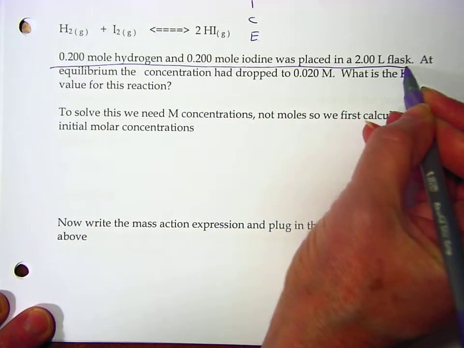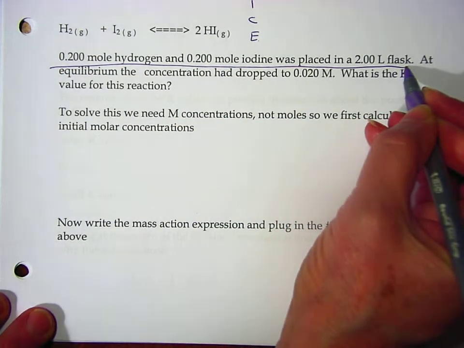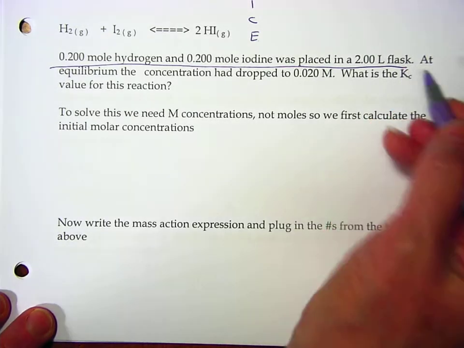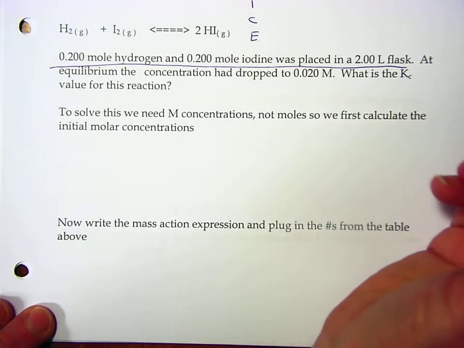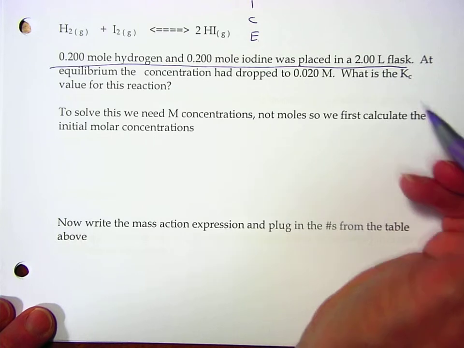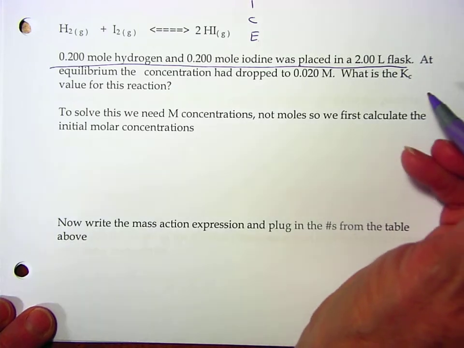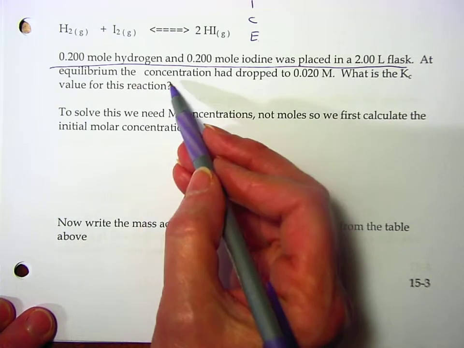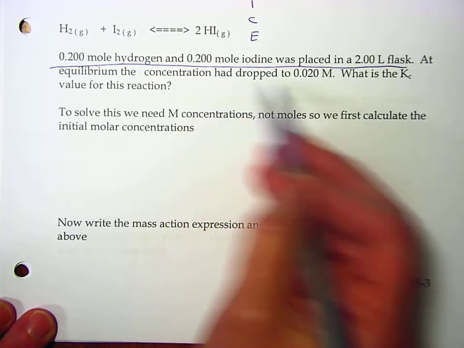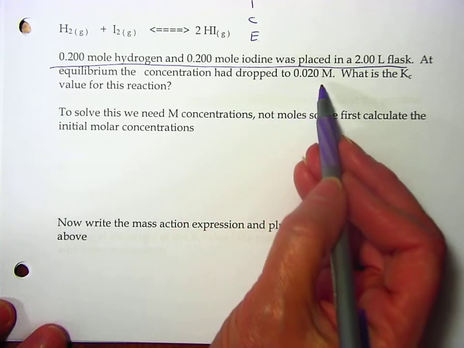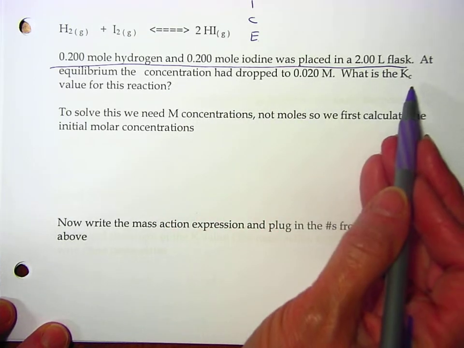Now I'm not interested in moles, I'm interested in the molar concentration, so I'm going to have to figure out what the concentration is before I can fill this into my chart. At equilibrium, the concentration of each had dropped to 0.020 molar. What is the K sub C?